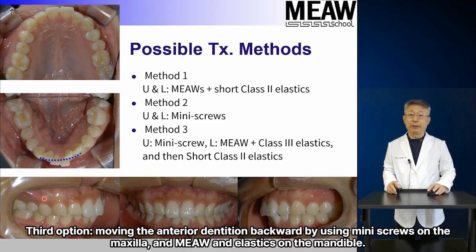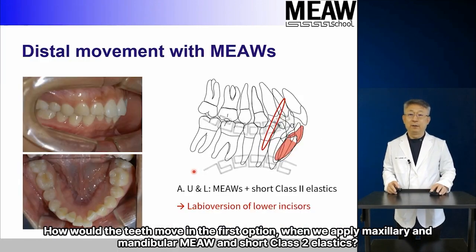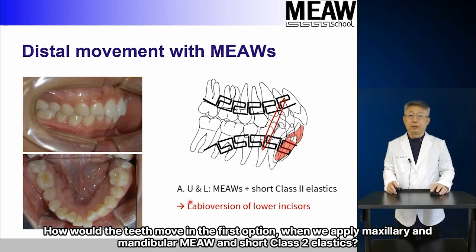Third option, moving the anterior dentition backward by using mini screws on the maxilla and mio and elastics on the mandible. How would the teeth move in the first option when we apply maxillary and mandibular mio and short class 2 elastics?